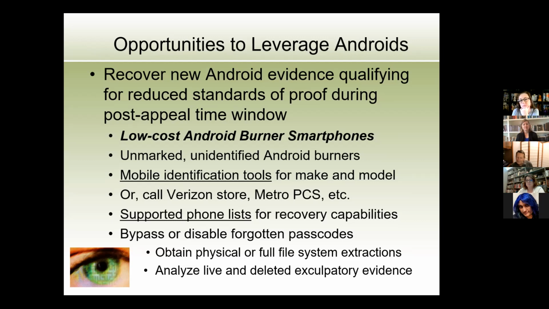And as soon as I had the right make and model, I could go into my supported phone list for Cellebrite UFED and figure out exactly which extraction to use and which cable to use. And I got a physical image of that burner phone, that Android burner, because of the help that I got from Metro PCS. So there's just all kinds of different angles to the jungle.